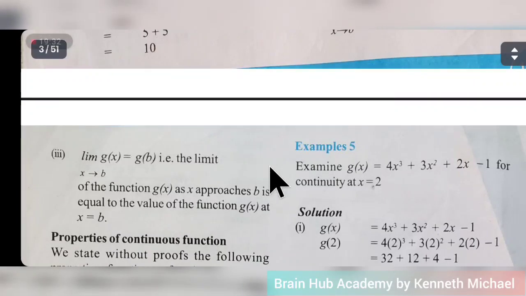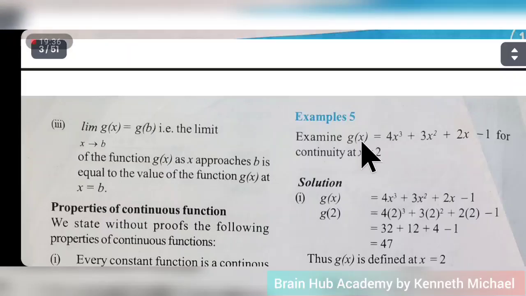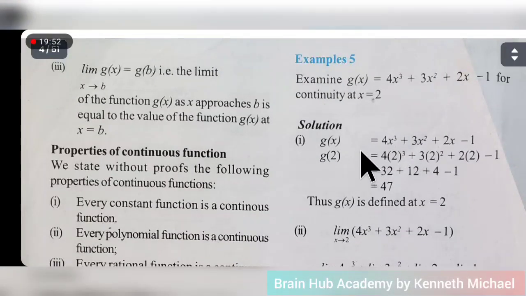Now we have an example. Look at an example here. Examine g of x equals this expression for continuity at x equals 2. So at x equals 2, is this function g of x continuous or discontinuous? Let's check. Okay, so we substitute. So g of 2, when x is now 2, you substitute 2 for x wherever you see it.